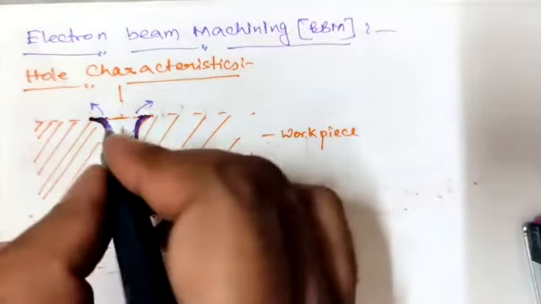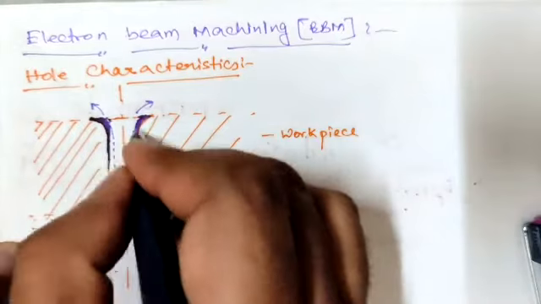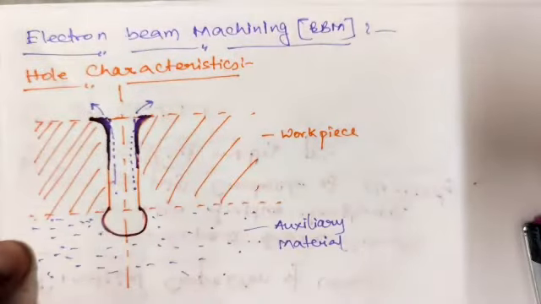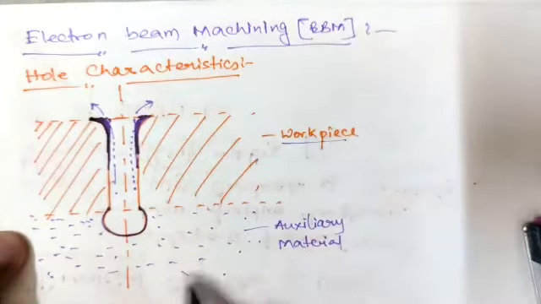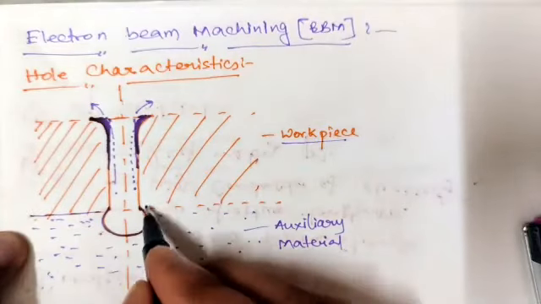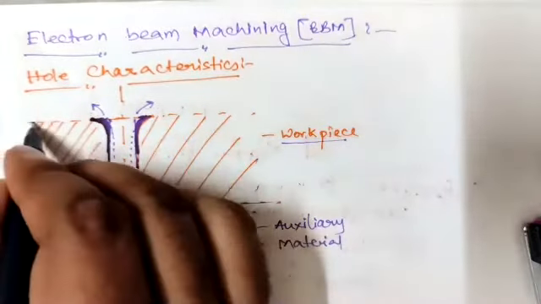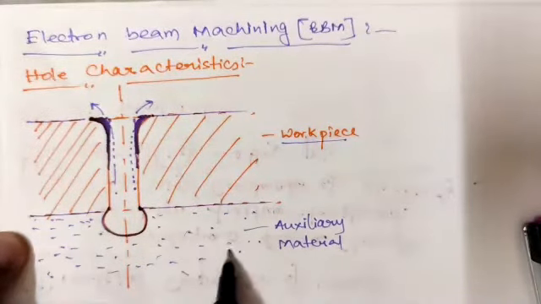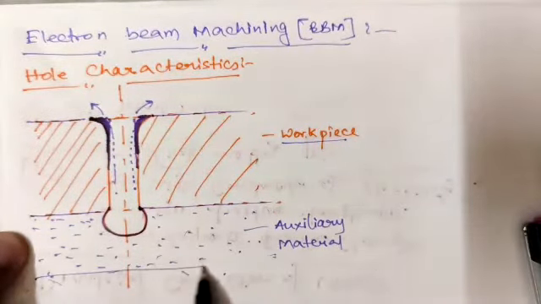So finally, you can find that some taper will form, which is also called reverse tapering. This is the workpiece up to here, and here we have the auxiliary material.